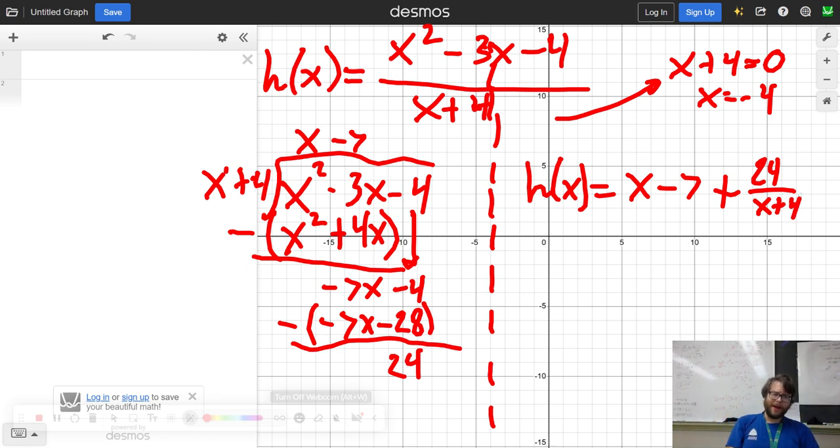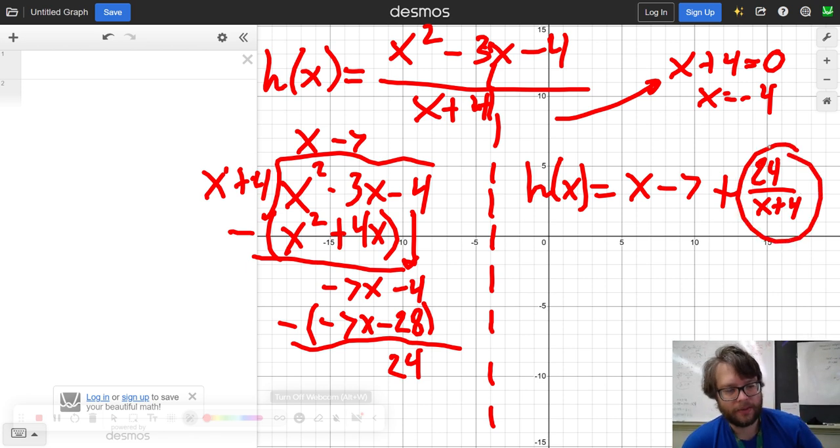I want you to think about what happens here. What this means is when I plug in really big numbers, this part of it is going to become 0 because 24 divided by a big number gets closer and closer to 0. 24 divided by 1,000,000, 24 divided by 1,000,000,000. But this part of it is a line.